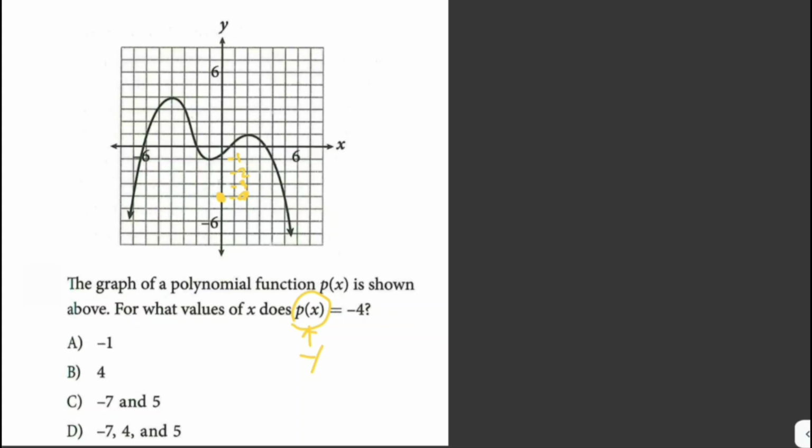So here, this is -4, and then we draw a line here. Okay, and then let's try to find the x coordinates of any points that hit this line. So there are only 2 points that hit this line, this point here and this point here.